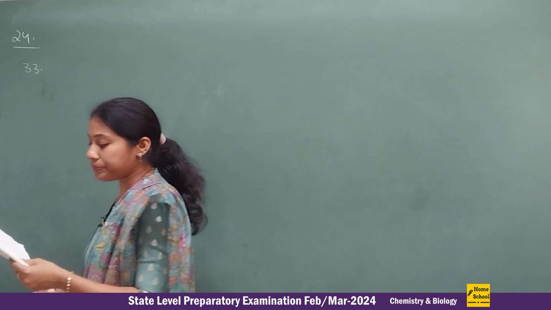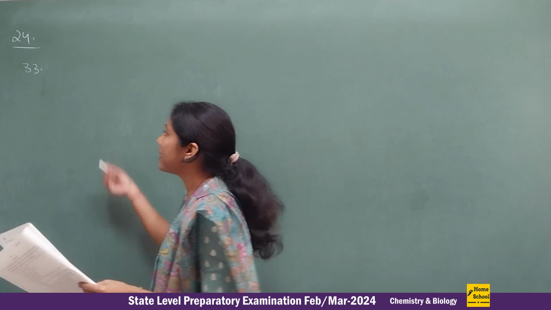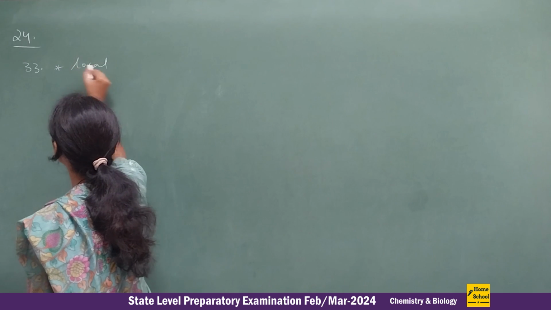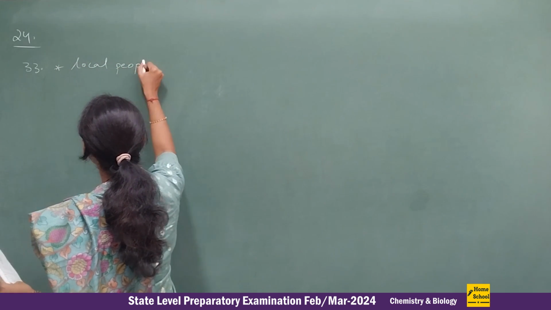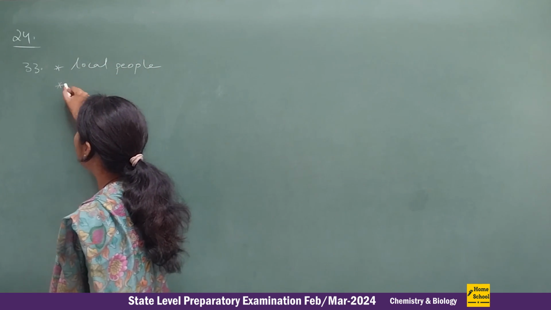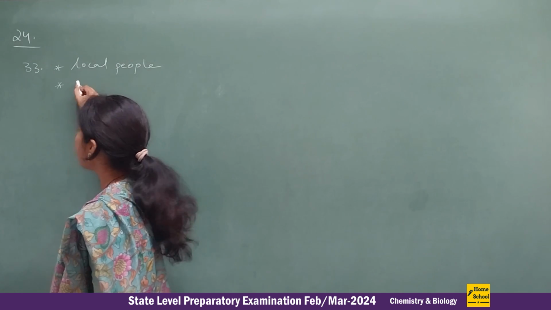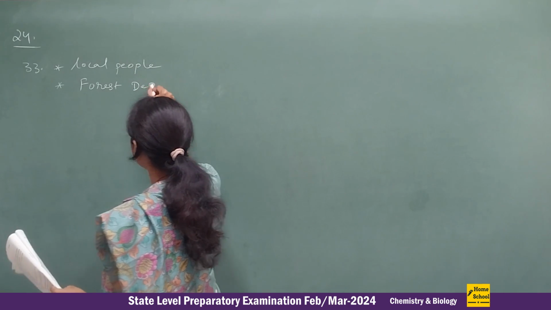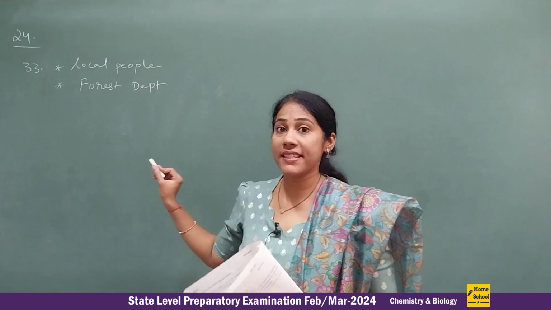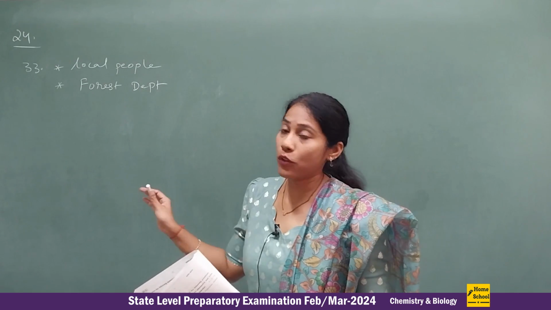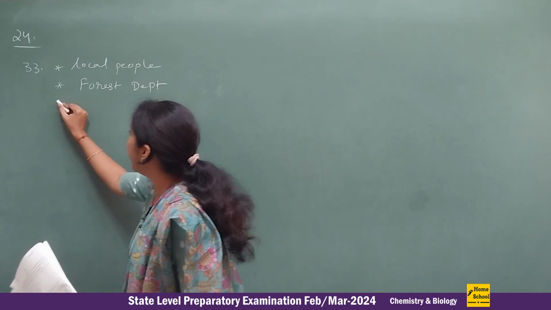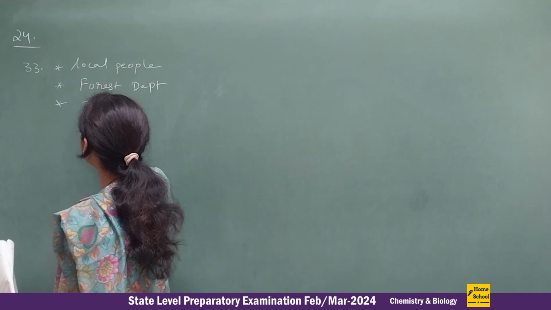So now let me discuss the 33rd question here. Who are the stakeholders of the forest? They are just asking who the stakeholders are. Local people who live in and around the forest are stakeholders, and government officials, that is the forest department who owns the forest land, are stakeholders who have to take care of and protect the forest. The third point, you can mention the industrialist.